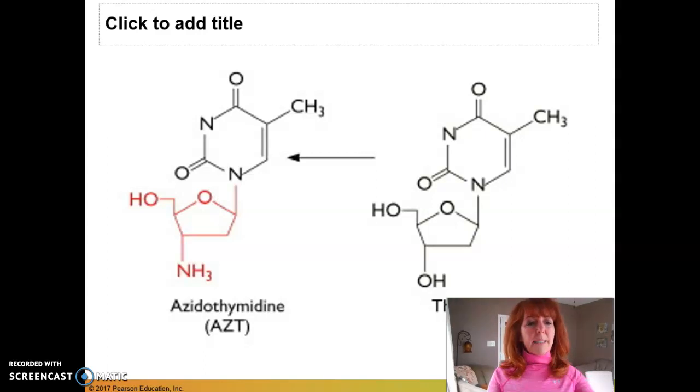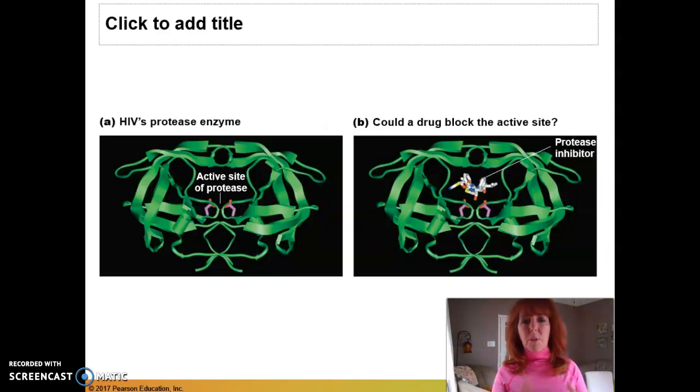The last thing that I want to tell you about is a protease inhibitor. Similar idea, right? This is an enzyme. This is the active site. This is where that string of connected proteins would bind and get in here. And then this enzyme, which is in green, would clip those proteins so that you could have a functional virus.